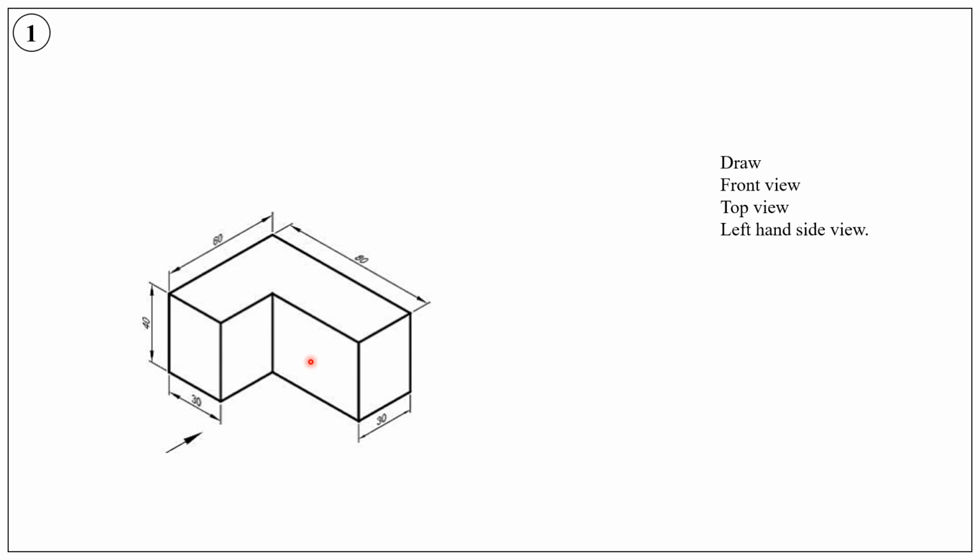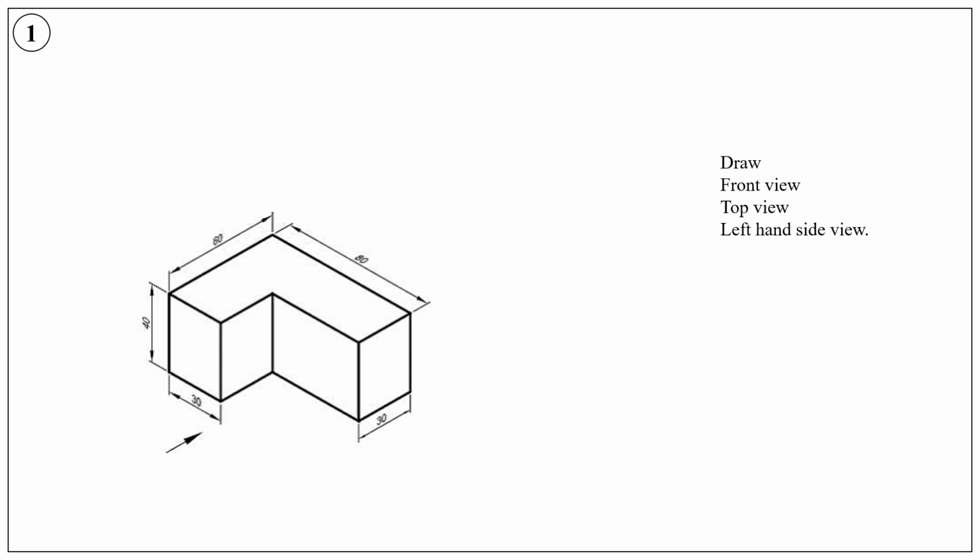For these kinds of problems, usually an arrow mark is given. This arrow mark indicates the direction of the front view, meaning the observer stands here and looks in the direction of the arrow mark to draw the front view.